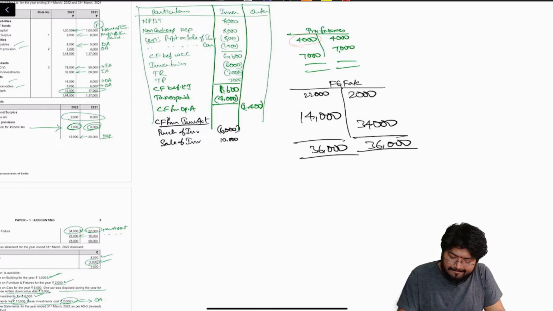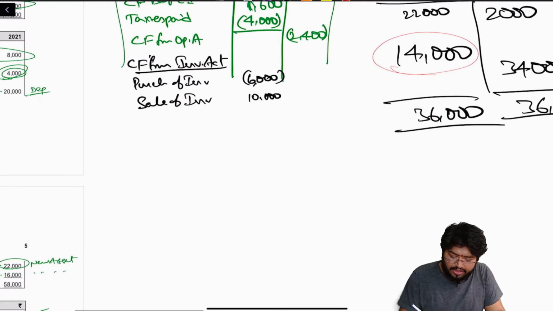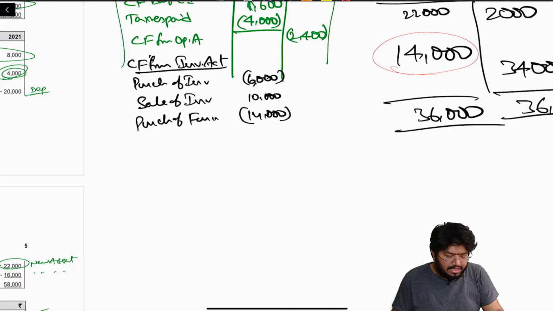Yeah. So 14,000, this is your requirement here. Okay. So let's do it. Purchase of furniture, it is 14,000 negative. Apart from that, what else has happened?